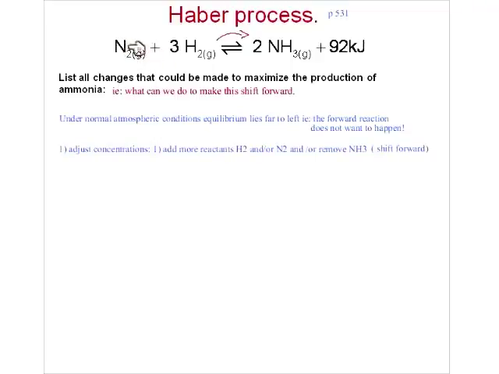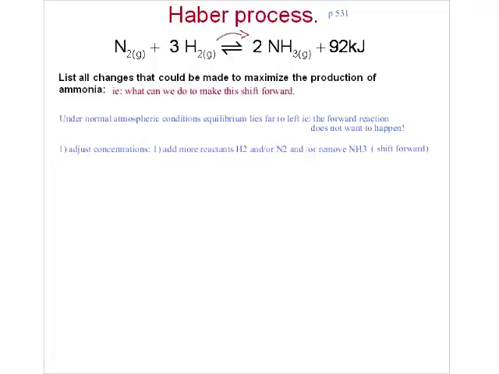That'll get the reaction to shift away from nitrogen, so it'll shift in this direction. We could also add more hydrogen. Well, you're going to do that anyways because you want to make as much of this stuff as you can. And at the same time, we want to remove NH3, and by removing NH3, the reaction is going to be pulled over. That makes sense, right? So those are three concentration adjustments you could do to shift it forward.